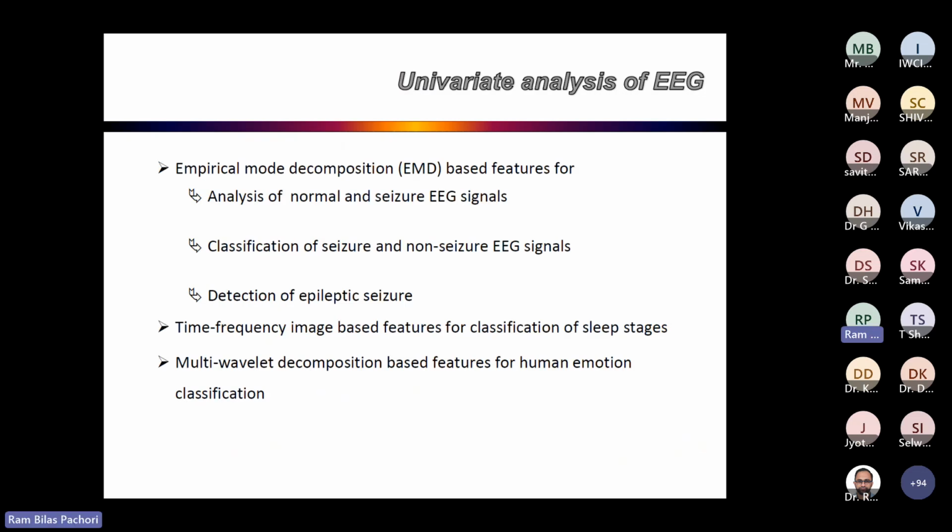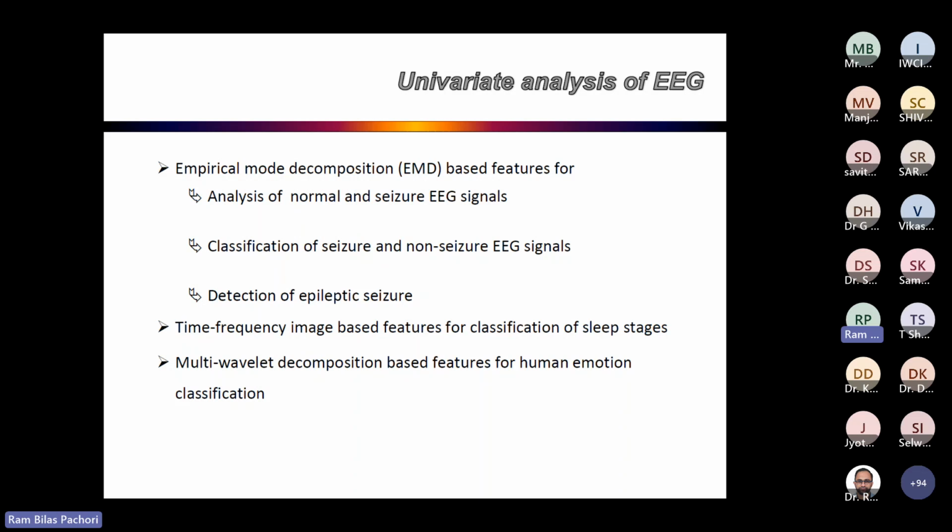So the first part of this talk will focus on univariate analysis of EEG. For that we have proposed frameworks that we will discuss one by one. In the first framework, empirical mode decomposition based features have been proposed for analysis of normal and seizure EEG signals. We have also proposed classification of seizure and non-seizure EEG signals and detection of epileptic seizure.